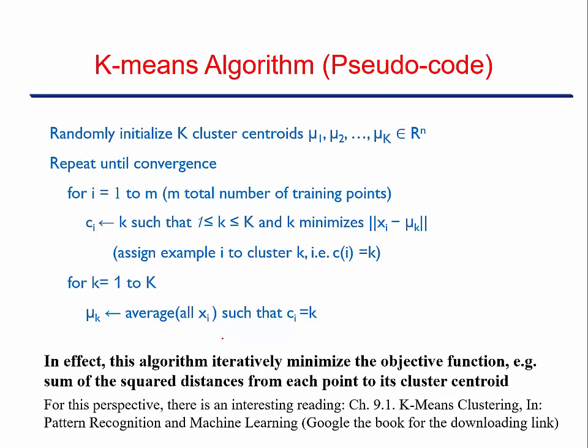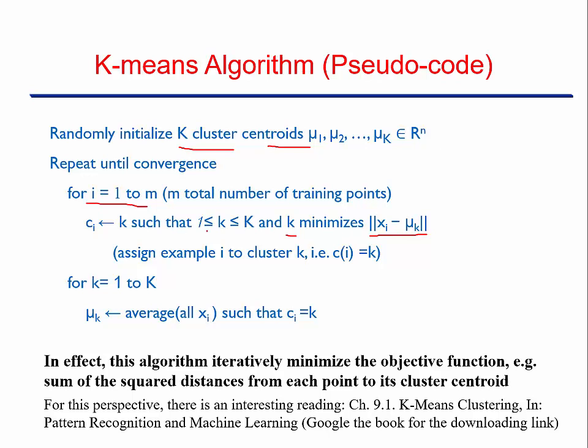This is the pseudocode for the k-means algorithm. It's also very easy to understand. Initially, we will randomly initialize k cluster centroids, mu_1 to mu_k. Then the clustering process is an iterative process. At each iteration, for each data point, we will find the centroid k which minimizes the difference between the cluster centroid and the data point.